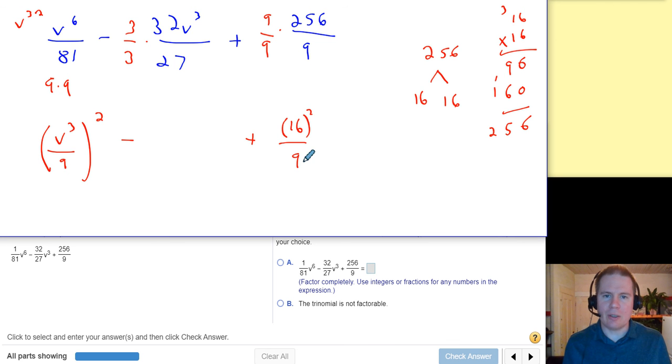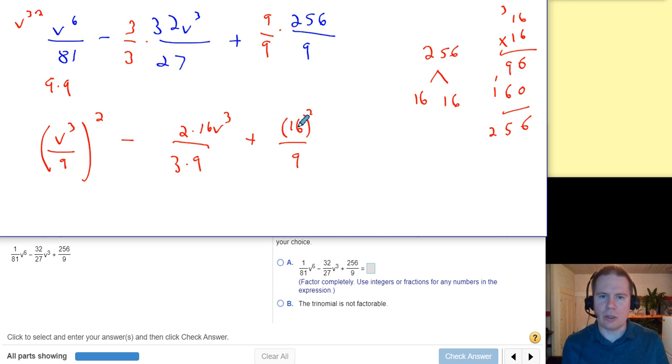Not 16 ninths squared. I don't have 81 here. It's just 16 squared. And here I also have a 9 times 3 over 32. That's 2 times 16 times v to the 3rd. Does this fit the perfect square trinomial?